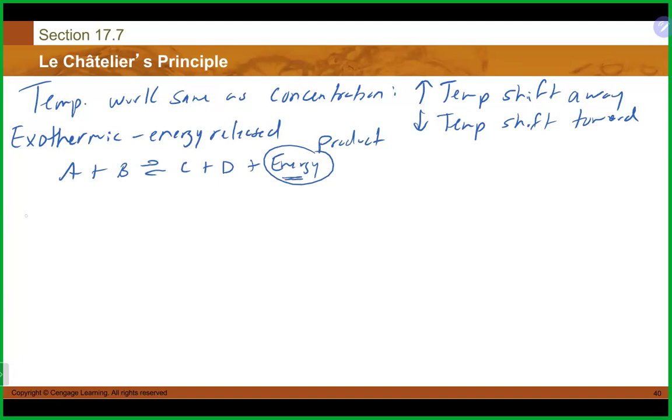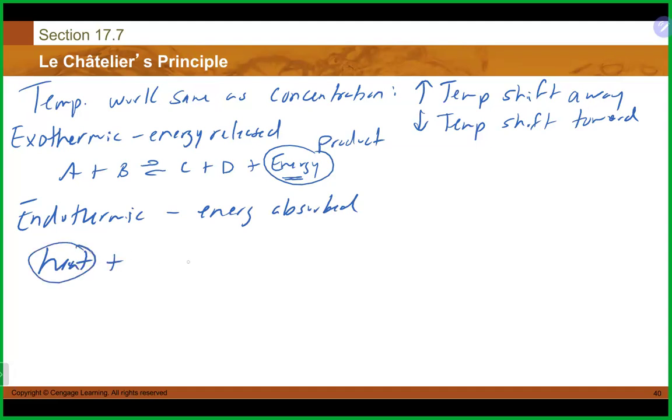Now, if you have an endothermic reaction, it is opposite. If you have an endothermic reaction, energy is absorbed. So we think of heat and temperature or energy as a reactant in this case. So heat plus our reactants go to our products here. It is considered a reactant in this case.